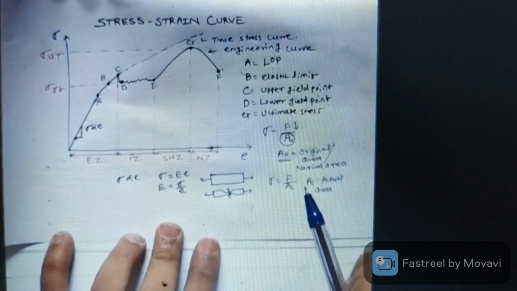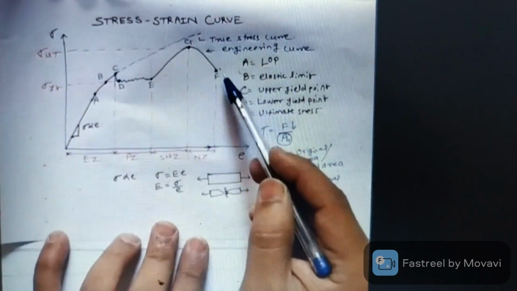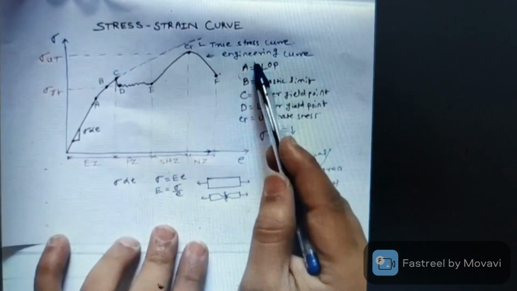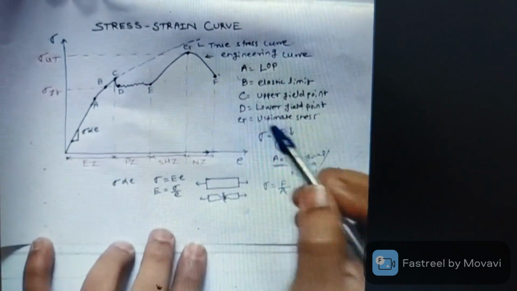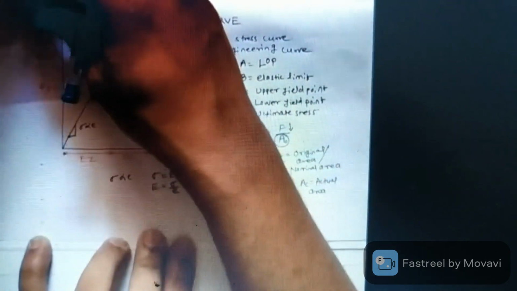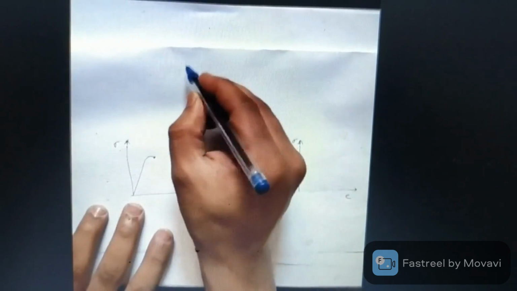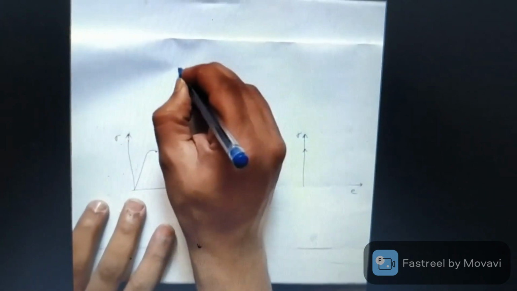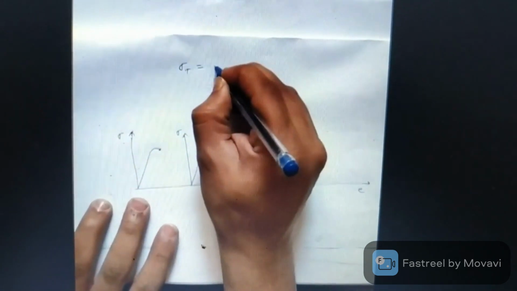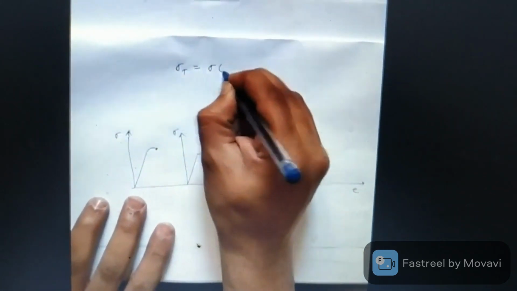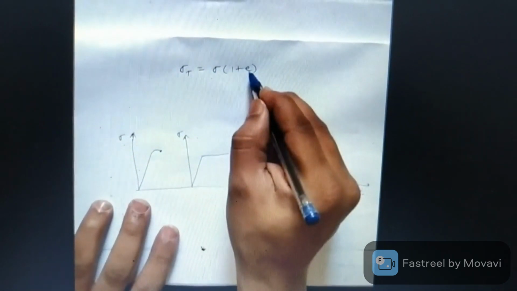Now it is definitely clear that the true stress and the engineering stress values are not the same. They are different values. So what is the relation? If we consider sigma t as the true stress, then it is equal to sigma into 1 plus e, where sigma is the engineering stress and e is the engineering strain.